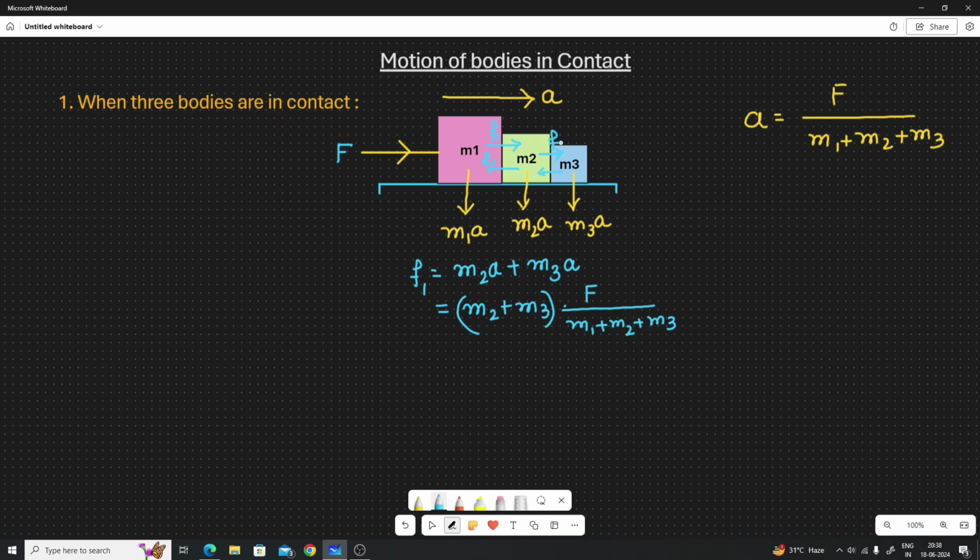That's why the force acting between m2 and m3 will be m3 into a. That means F3 will be m3a, which is equal to m3 into F divided by m1 plus m2 plus m3.